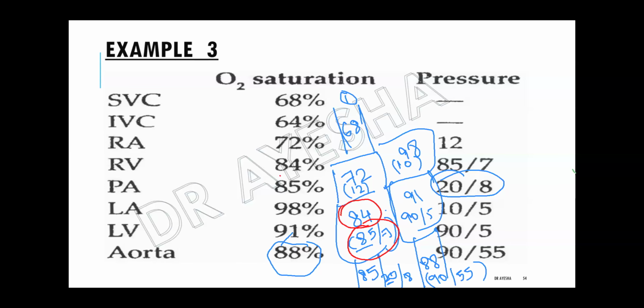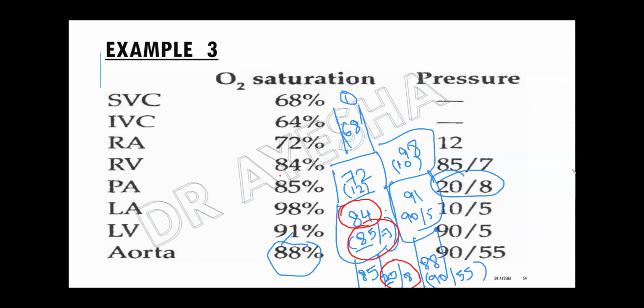Very good. And we can also see the pressure: the right ventricle pressure is also high. The right ventricle saturation is also high. And when we go to the pulmonary artery, there is a difference from the right ventricle.